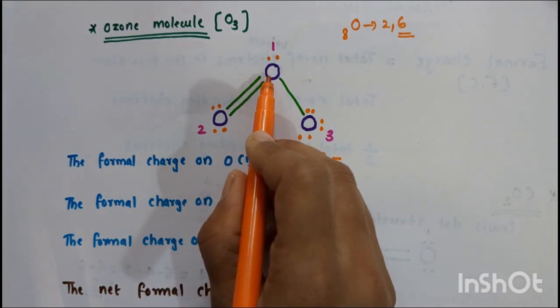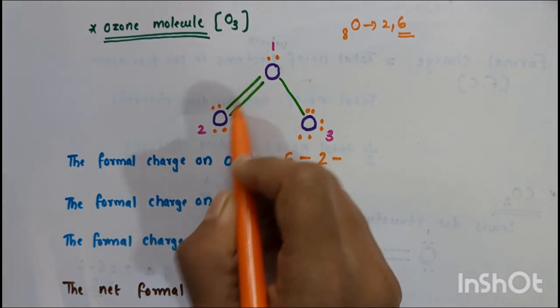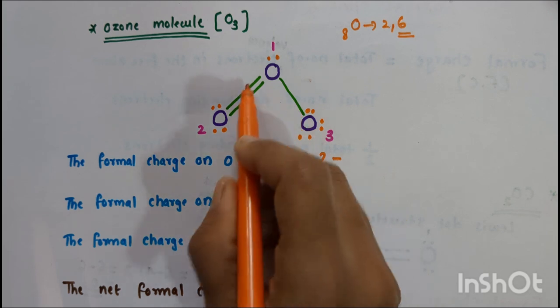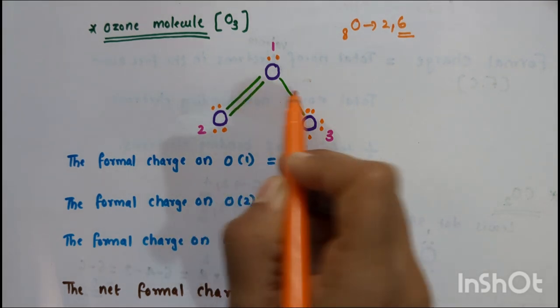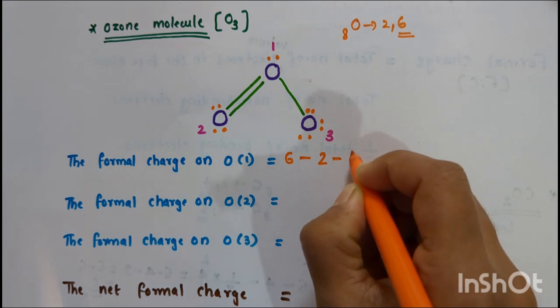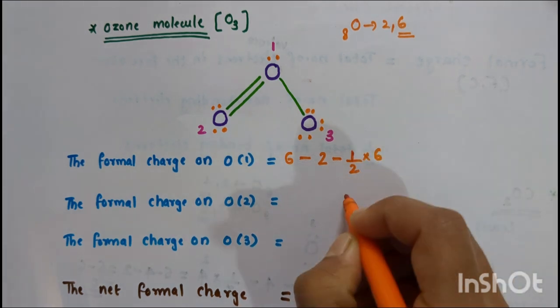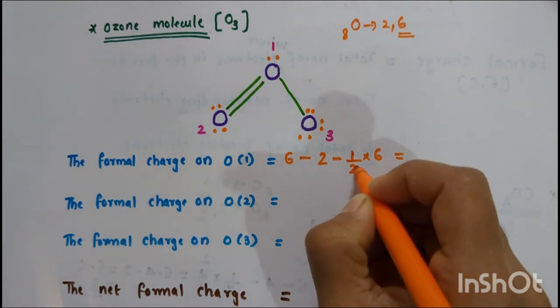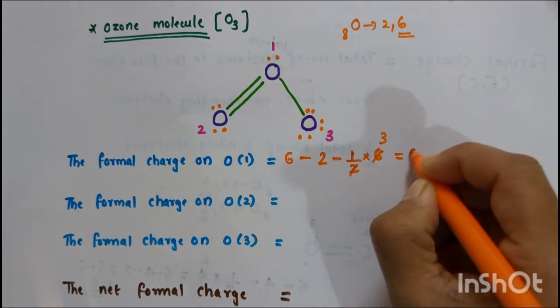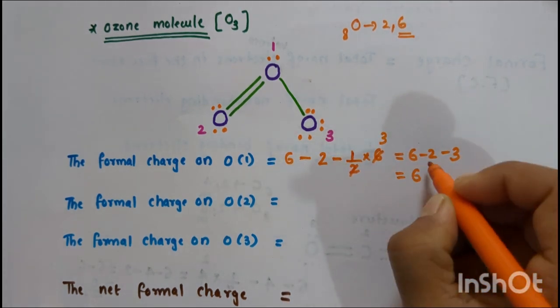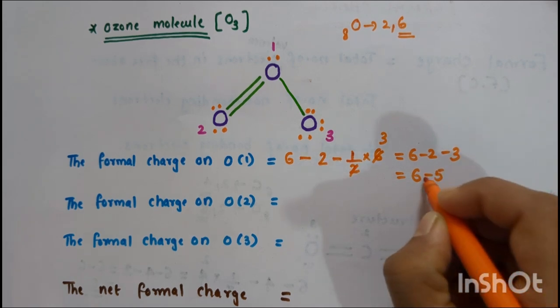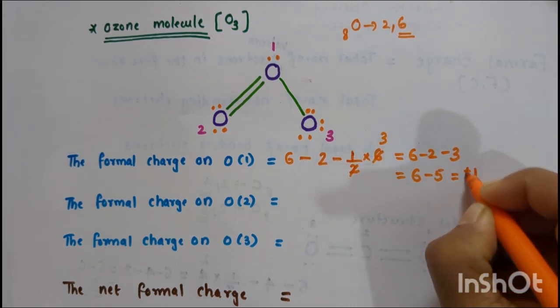Connected to this oxygen atom, a double bond here and a single bond here, so 3 bonds are there. Corresponding to 1 bond, 2 shared electrons, so 3 bonds means 3 into 2, 6 shared electrons. Half of 6 is 3. So this is 6 minus 2 minus 3, which is minus 5. 6 minus 5 is 1, which means plus 1.